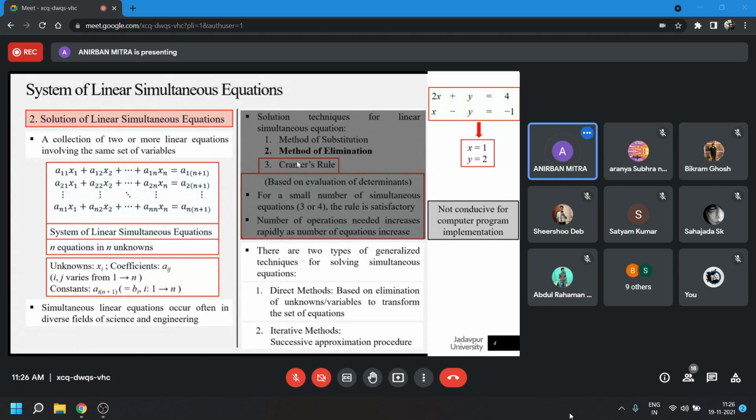And here, these are basically successive approximate procedures. Details about these iterative methods will be discussed in the next class. However, for today's class, we will exclusively concentrate on the direct methods. Those are based on certain elimination techniques.